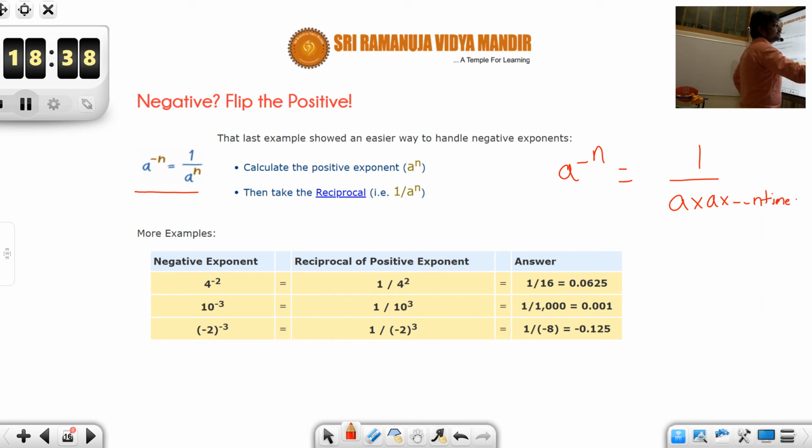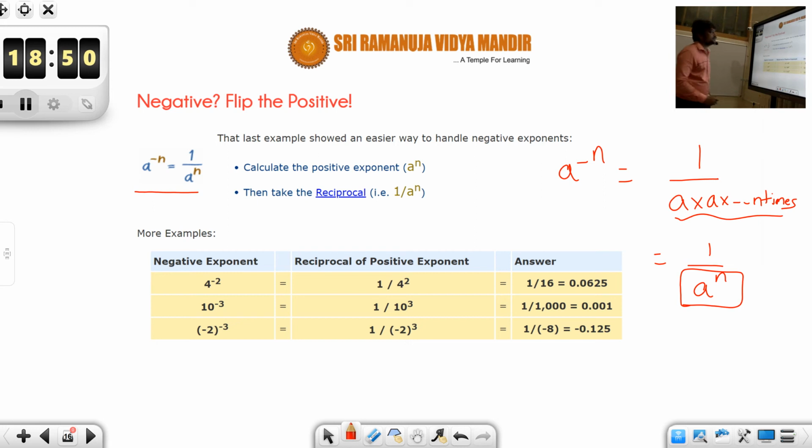But students, any number multiplied by itself n times, we can write as a raised to the power n. This is what we learned in positive exponents. So any negative exponent we can flip and convert into a positive exponent term. So a raised to the power minus n is equal to 1 by a raised to the power n.